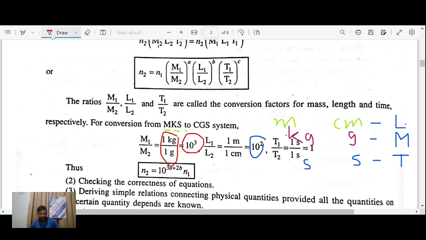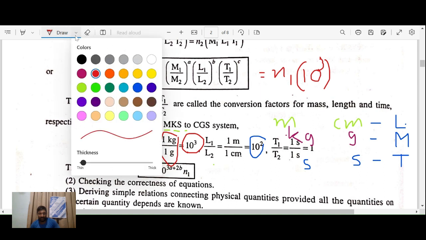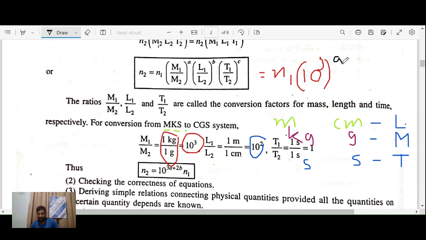Once again, I'll clear it. I'll write it and I'll show you. Here I just substitute n1. You will get M1 over M2 is 10 to the power 3, right? Close the bracket, and you can see there is a power. They mark the power as a. We just wrote it as it is.